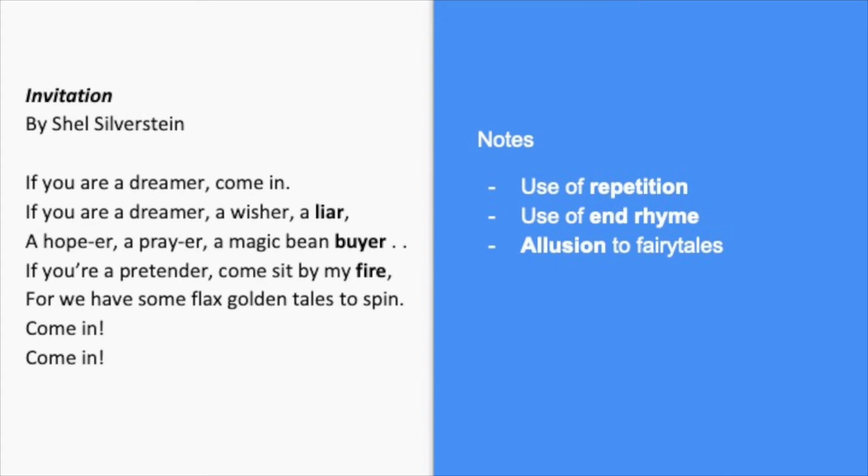Come sit by my fire and flax golden tales to spin makes reference to the fairy tale of Rumpelstiltskin. But don't worry if those references don't sound familiar to you. What's important to note for now is the use of repetition and the use of rhyme.